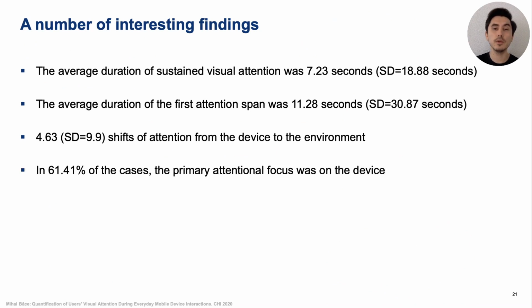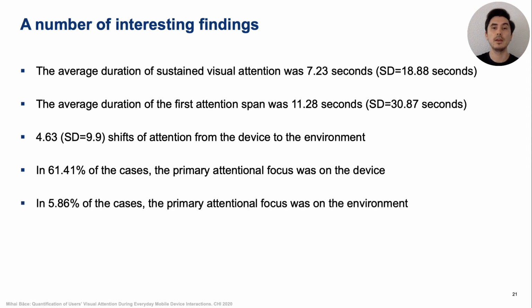In around 61% of the videos, the primary attentional focus was on the device. In around 6% of the cases, the primary focus was on the environment. For the rest, the primary attentional focus is unknown. This happens because in more than 50% of the images from a certain video, no face can be detected.